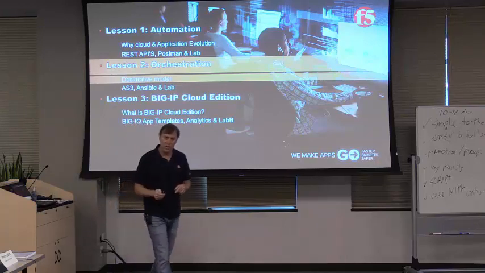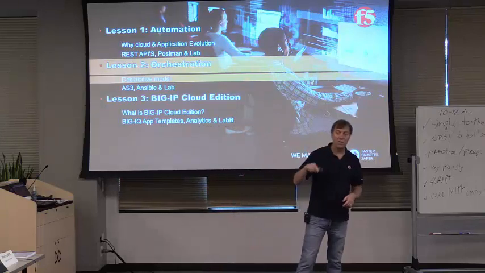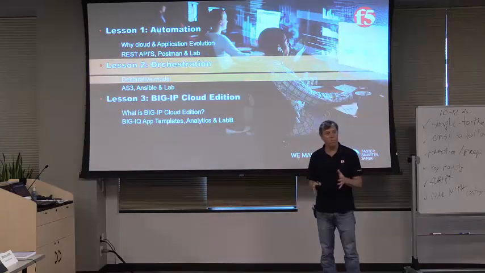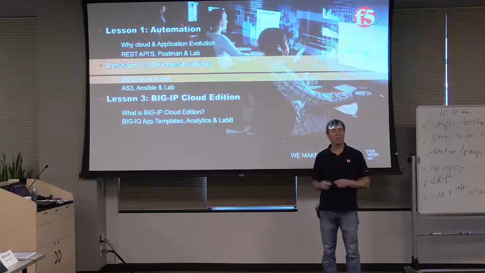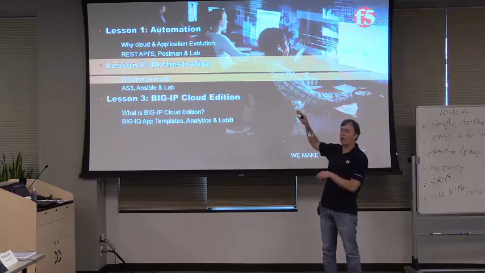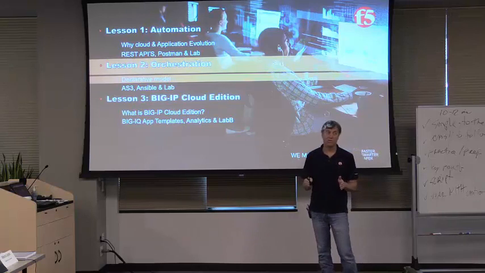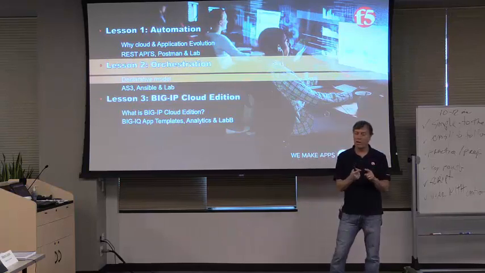So orchestration, different angle. In that lab that you just did, it was much more based on what you might hear referred to as an imperative type of model, where you had to know a lot about Big IP in order to understand what was going on with those REST API calls. You had to do them in a certain order. For instance, when you're doing your LTM config, you had to do the pool first.